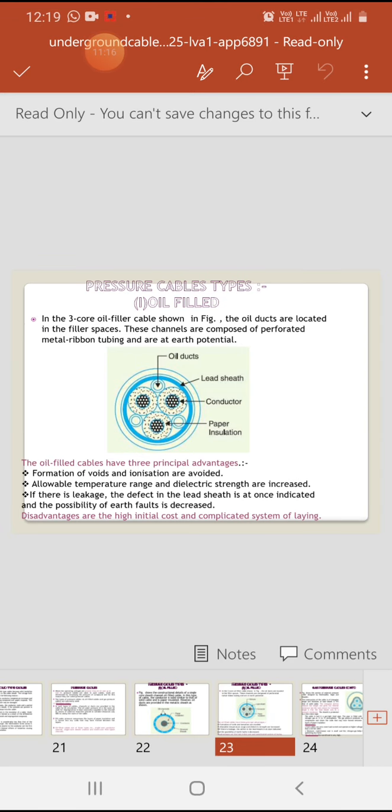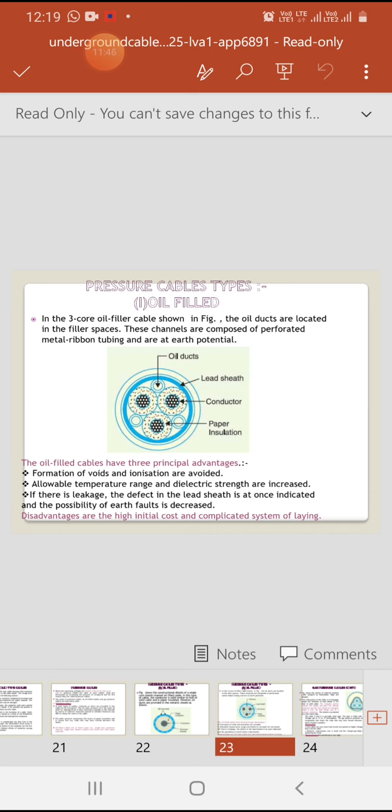See the figure of the three core oil filled cable. Here the oil ducts are located in the filler space, and these channels are composed of perforated metal ribbon tubing and are at the earth potential.